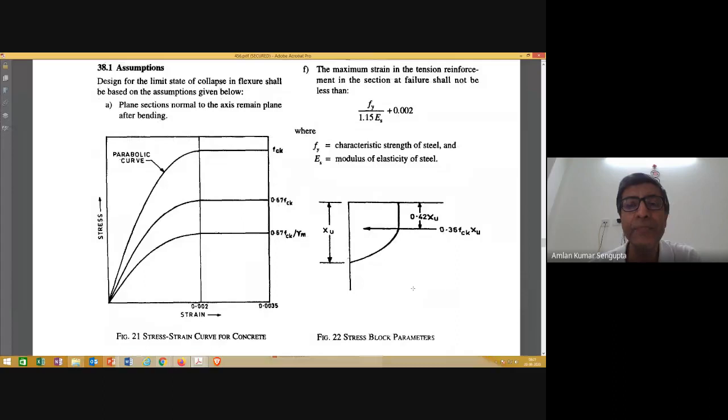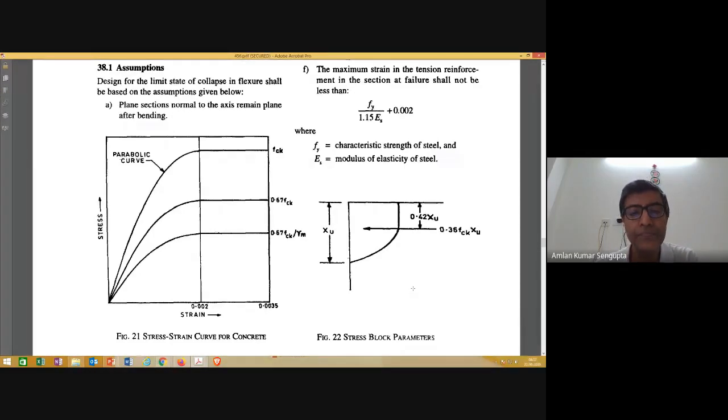Till 0.8 times Fy, there is no material safety factor. After that, from 0.8 Fy onwards, the design curve deviates from the characteristic curve. Hence, the modulus of the design curve is the same as that of the characteristic curve, which is 200 gigapascal. Whereas for the concrete, it is not so.